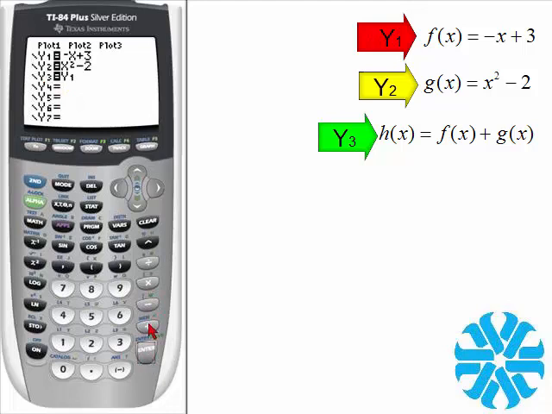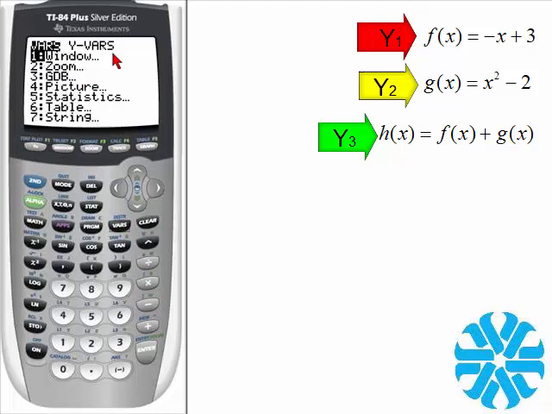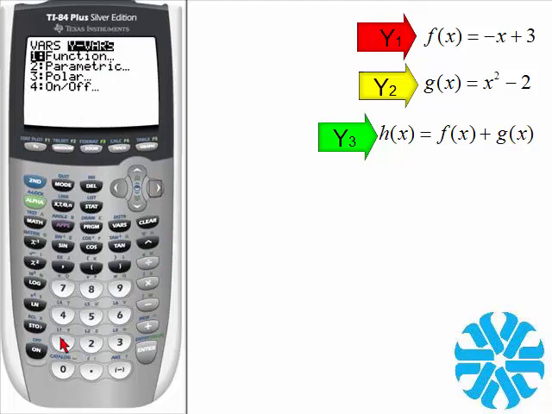So then we hit the sum button, and then we're going to go back into vars, go to y vars, so we move the cursor over, and then we want number 1, the function, so we can either hit number 1 or just simply hit enter. So let's do that. And we want number 2 because we want y2. So we'll hit number 2. And there we have it.